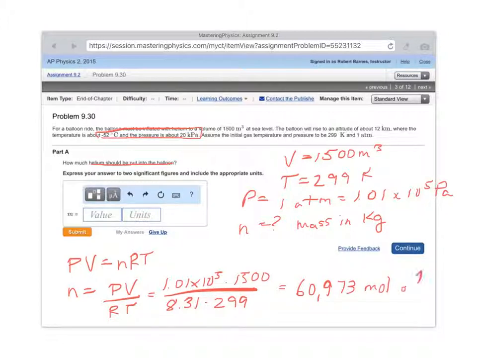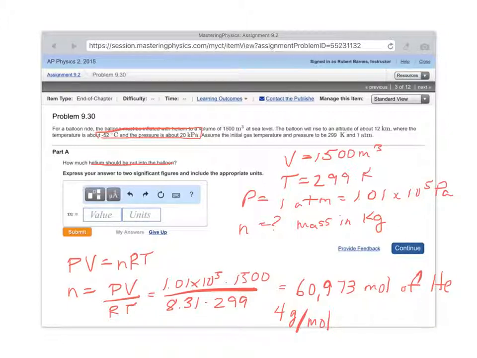Of helium. And the molar mass of helium is 4 grams per mole for diatomic helium. Oh, no, helium is not diatomic, is it? It's monatomic. There we go.